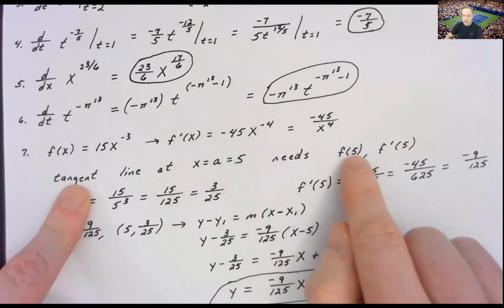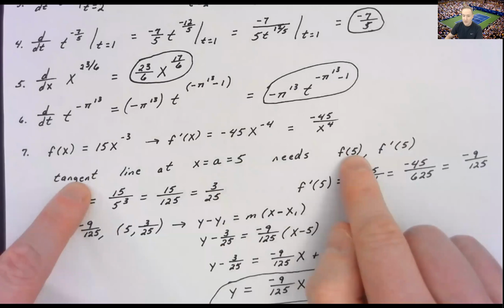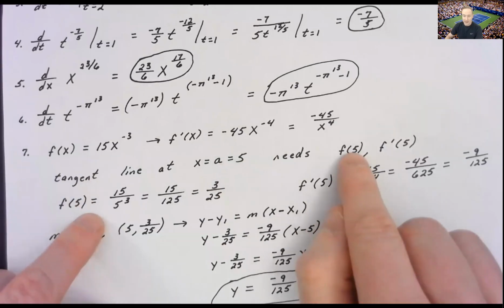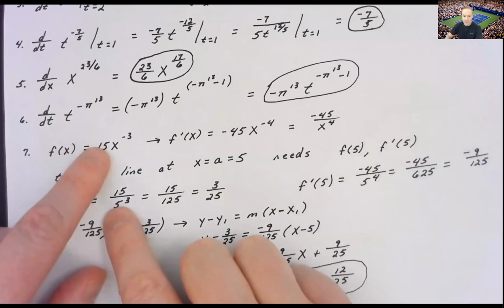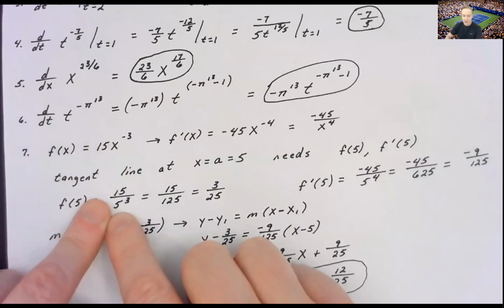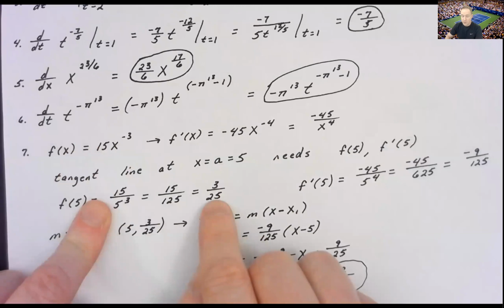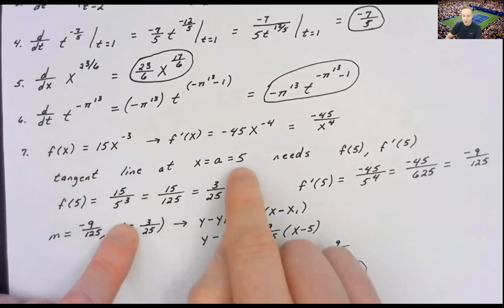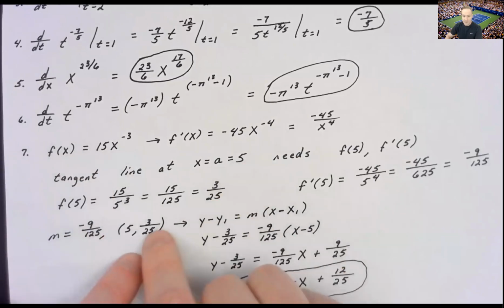My original function at 5 gives me the y value, and I know the coordinate after I do that. So you'll see I plugged in f of 5 into the original function. That gave me 15 over 5 cubed, because it's 15 times 5 to the negative 3. That gave me 15 over 125, which reduced to 3 over 25. So you can see instantly, I know I have the ordered pair. When x is 5, my y value is 3/25.